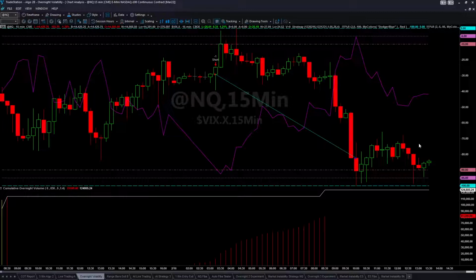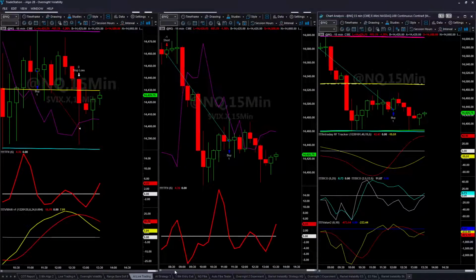Silver Knight's still holding on to that short, so bias does seem to be to the upside right there. Got a long signal there, got a long signal there, and this AI algo filters out a lot of noise in the market.